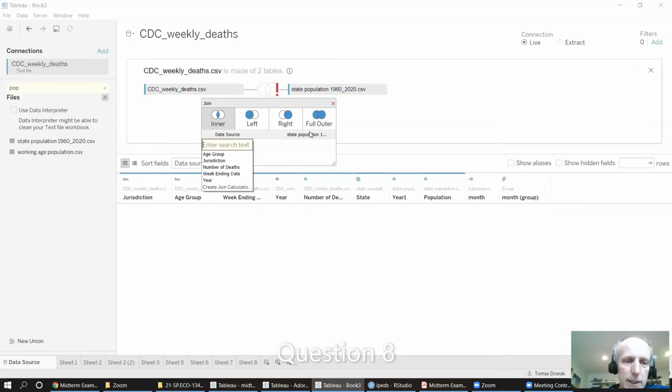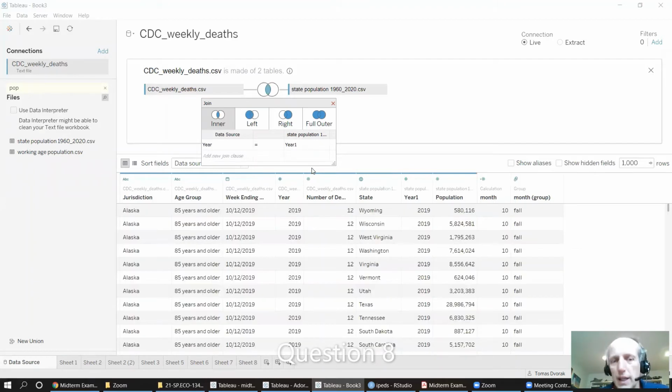We actually have a year in the CDC data, and that probably should be lined up with year in the population data, because the population data looks like annual data. And so now joining it on year and year is going to line up the years correctly.